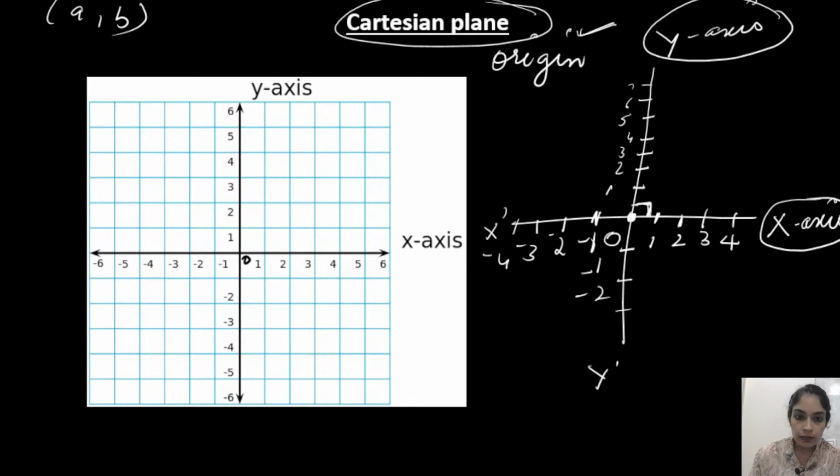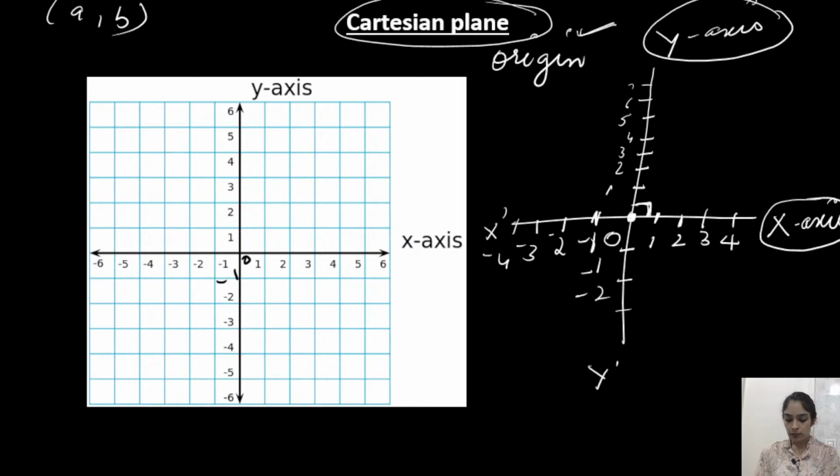It's clearly visible on this figure also. You can see the upper side 1, 2, 3, 4, 5, positive values of the y-axis. If you see the lower side, here you have negative values -1, -2, up to -6.